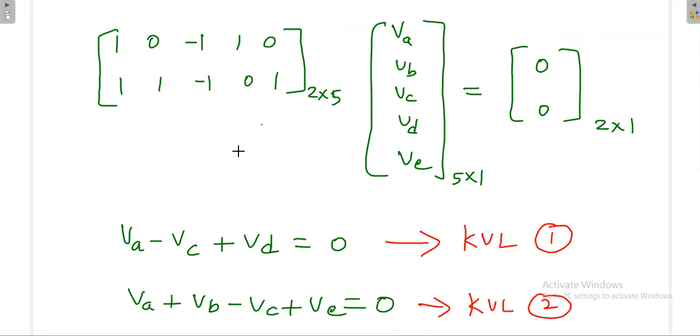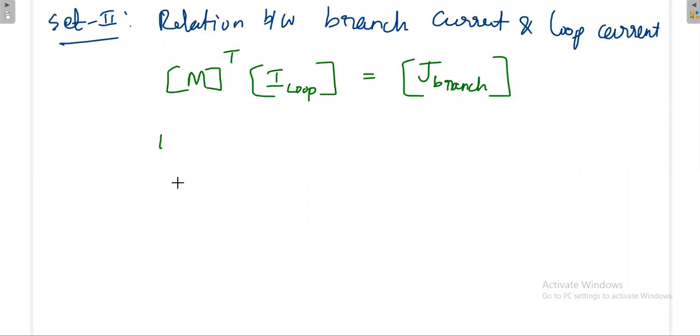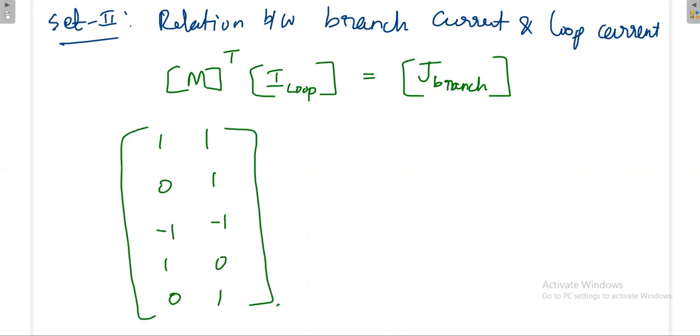So M transpose will be 1 1 0 1 minus 1, minus 1 1 0 0 1, and the dimension of this one is 5 cross 2. What about the I loop? Since M transpose is 5 cross 2, the I loop will be 2 cross 1. So how many loop currents are there?